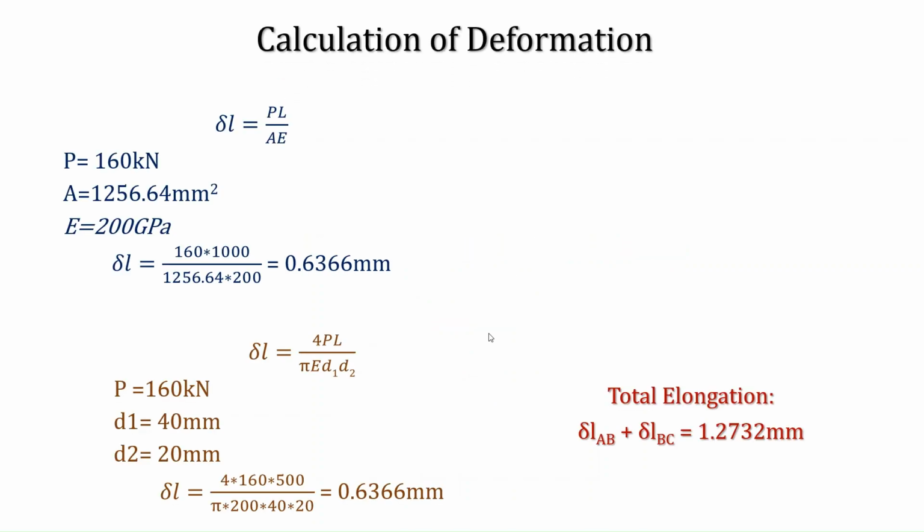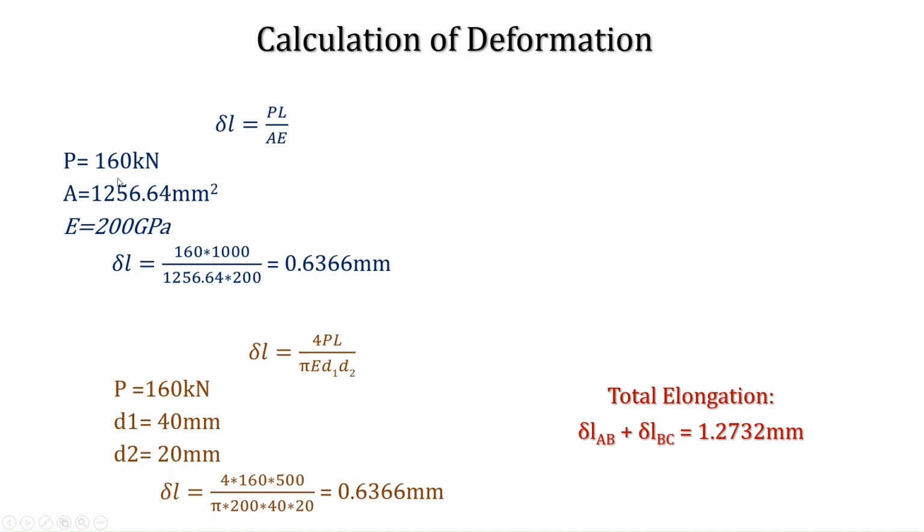Next, let us compute the value of the deformation. As we can see in the problem statement, the bar is composed of two parts. One is the linear or straight part, and the other one is the tapered cross-sectional part. Since the area is calculated from the diameter of the circle because it is a circular bar, we can use the formula A is equal to pi by 4 d square to compute the area of cross section of the straight portion of the bar.